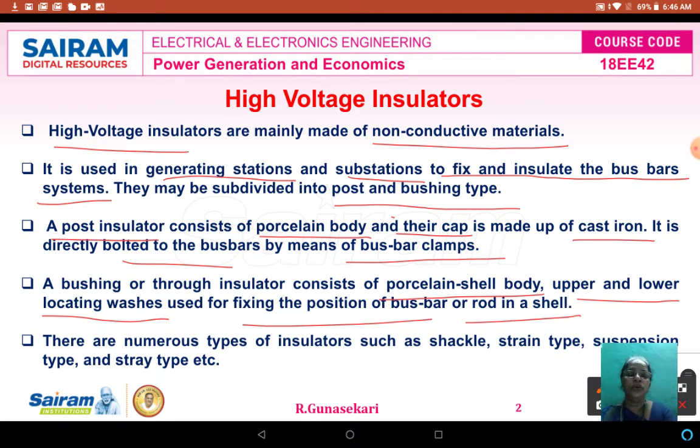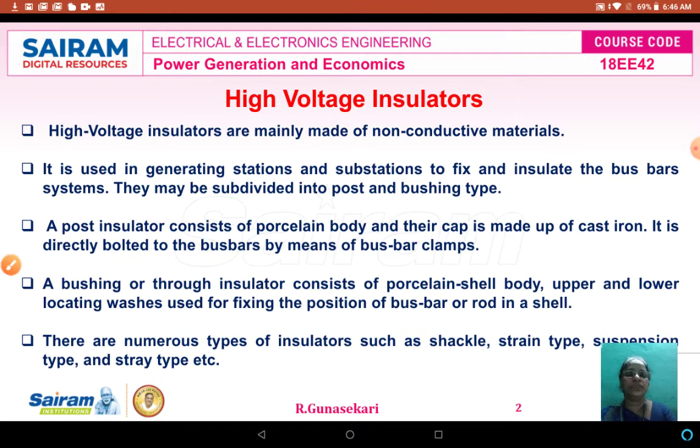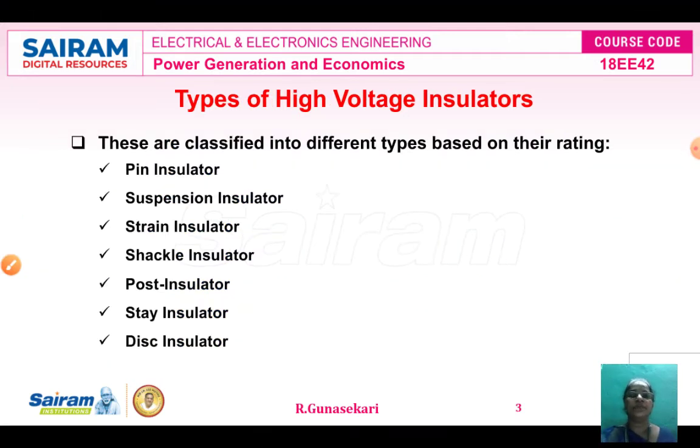There are numerous types of high voltage insulators used in the substation, for example, shackle type, strain type, suspension type, and stray type high voltage insulators.